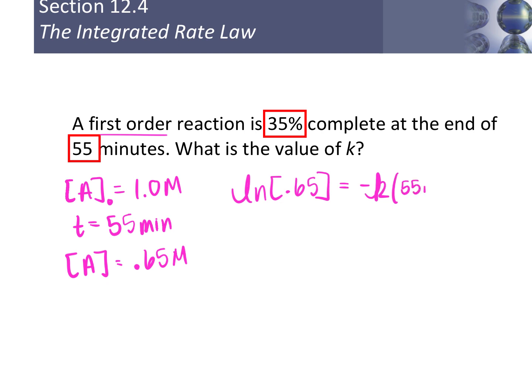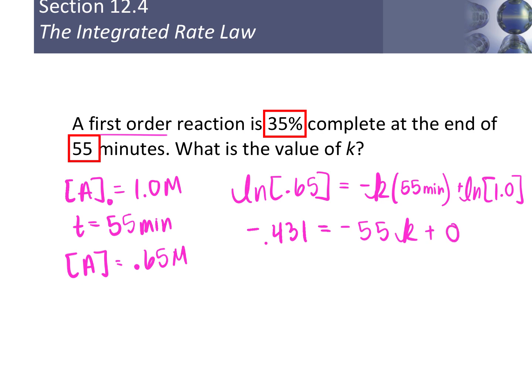So 55 minutes plus natural log of 1.0. All right, so let's go ahead and do the math here. Oh, natural log of 1 is 0.